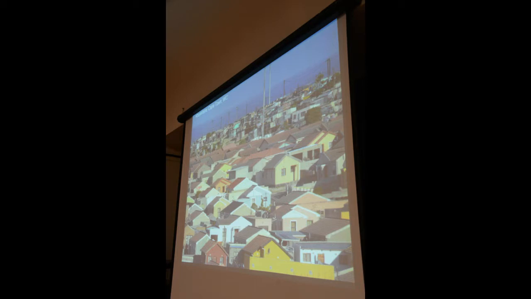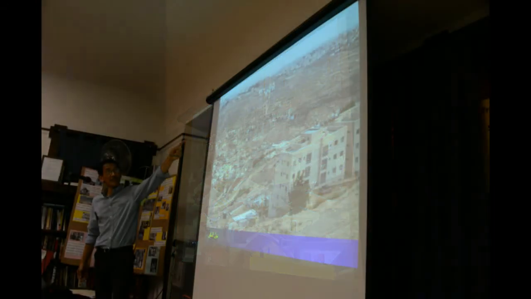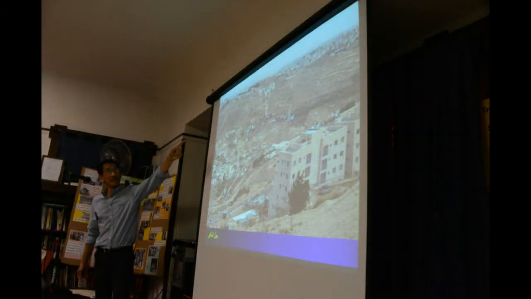Does settlement blocks just mean apartment blocks? No. It's actually land that is not largely settled. I mean, it's land where there are very few people actually living, but the settlement blocks are lands that are sort of loosely attached to Israeli settlements in the West Bank.